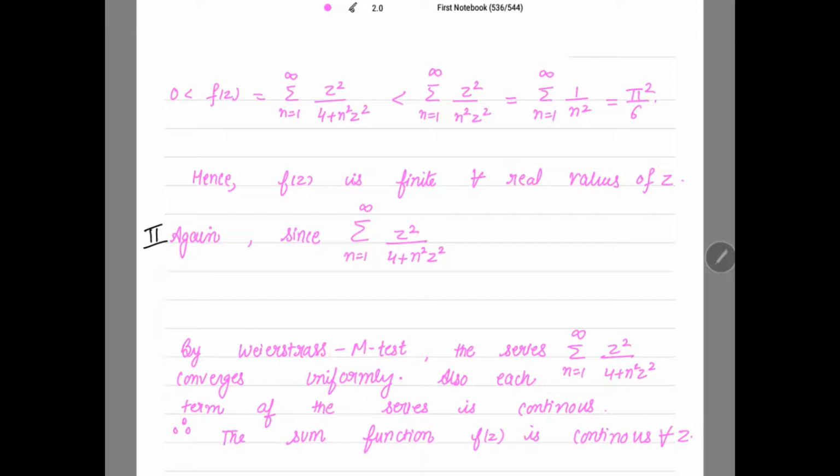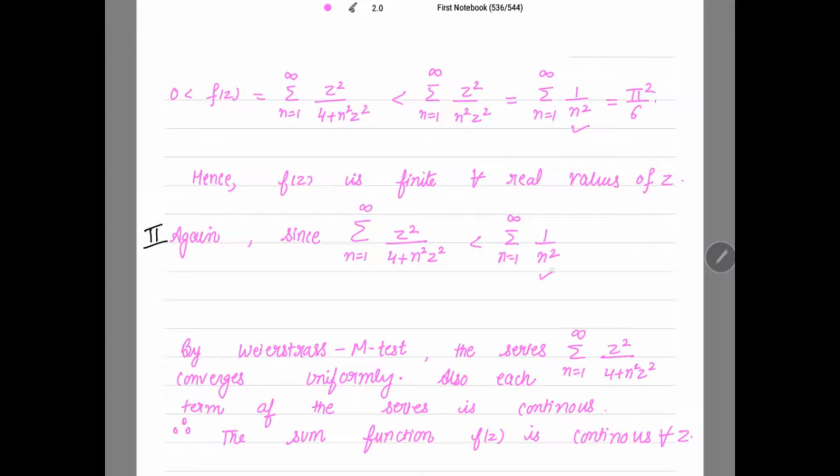For that we need to prove the series to be uniformly convergent. Again, check the denominator. Can I write this as less than 1 over n square? Yes, of course, the denominator is positive. I am skipping the term 4, and again z square cancels.